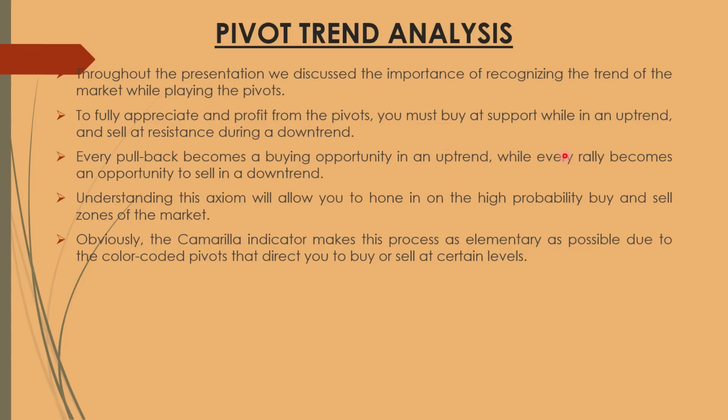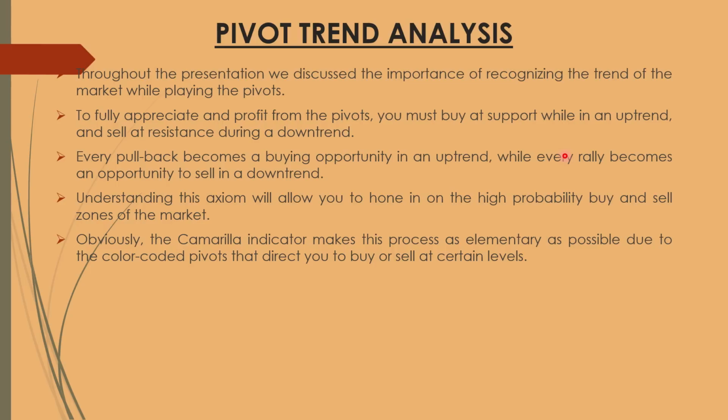Throughout the presentation, we discussed the importance of recognizing the trend of the market while playing the pivots. To fully appreciate and profit from the pivots, you must buy at support while in an uptrend and sell at resistance during a downtrend. Every pullback becomes a buying opportunity in an uptrend, while every rally becomes an opportunity to sell in a downtrend.